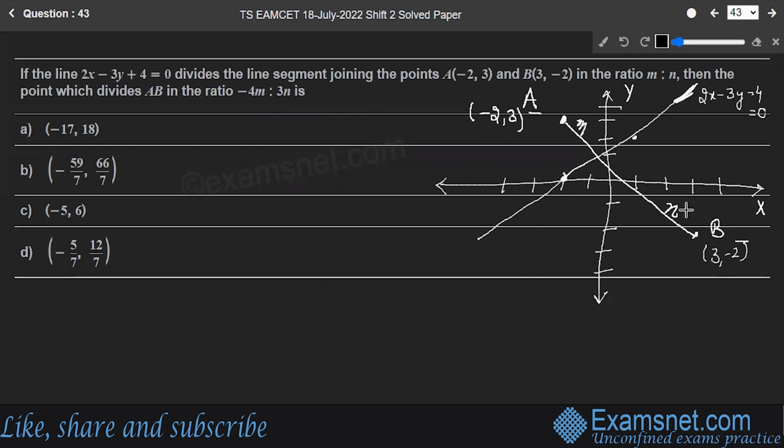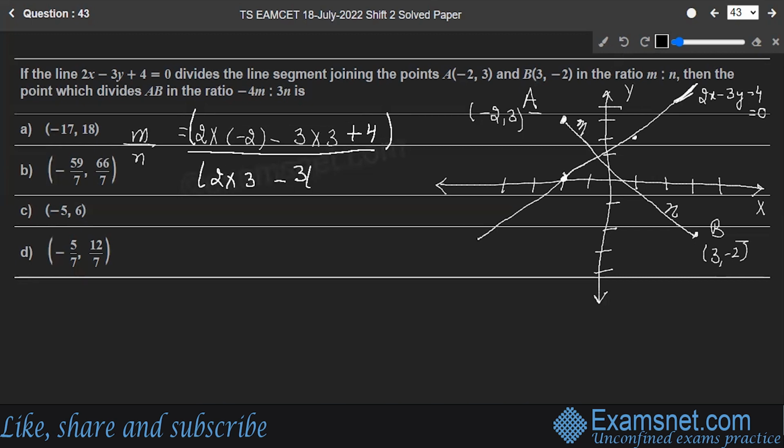All right. Now, according to the question, the ratio m upon n can be written as 2 into minus 2 minus 3 into 3 plus 4, whole divided by 2 into 3 minus 3 into minus 2 plus 4, which will give you on solving 9 upon 16.